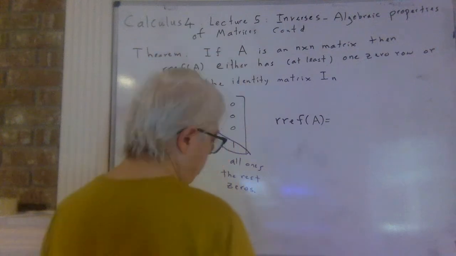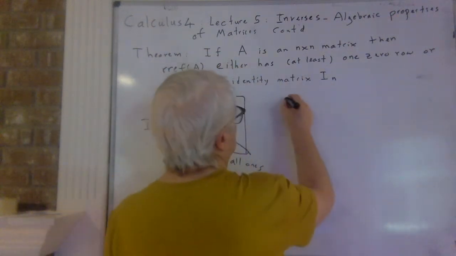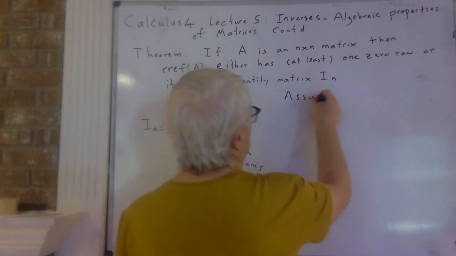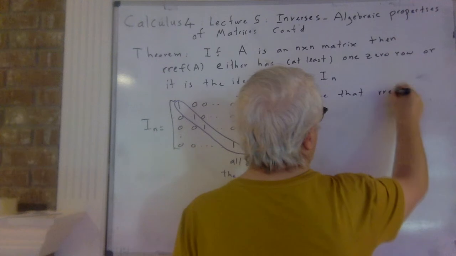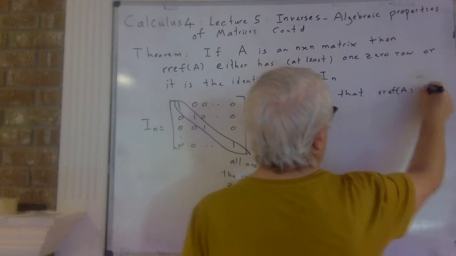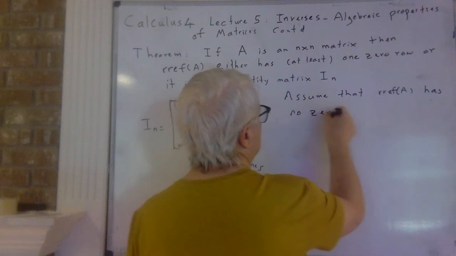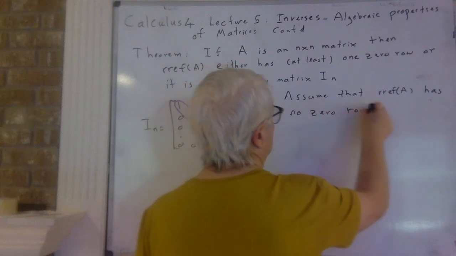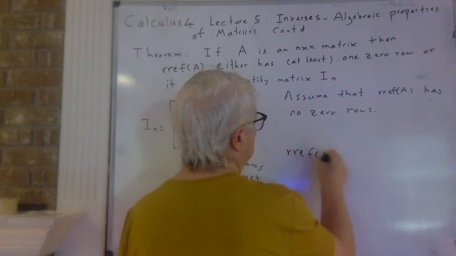So, let me write right here, assume that RREF of A has no 0 rows. Okay, so let's see what happens if I don't have a 0 row.